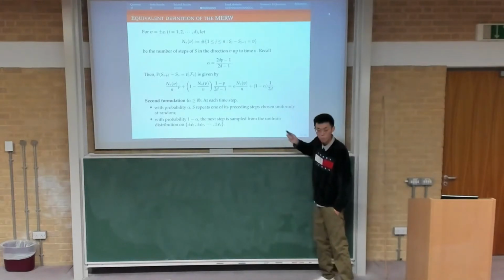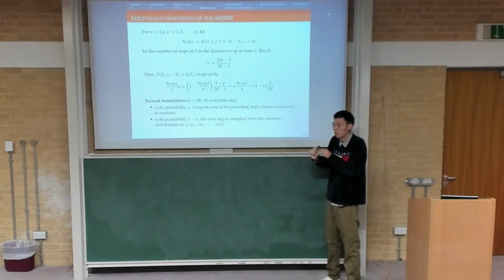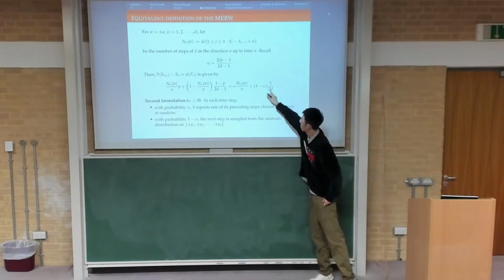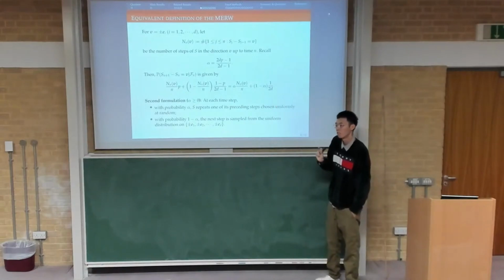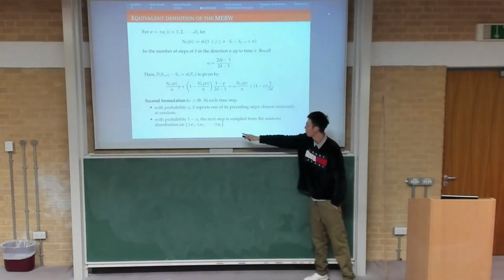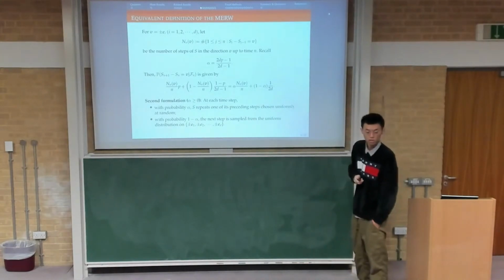Otherwise, with probability 1 minus alpha, we choose one of the 2d directions uniformly. So this is just a probability measure on this set. We can replace this uniform distribution on this set by a general distribution in R^d.